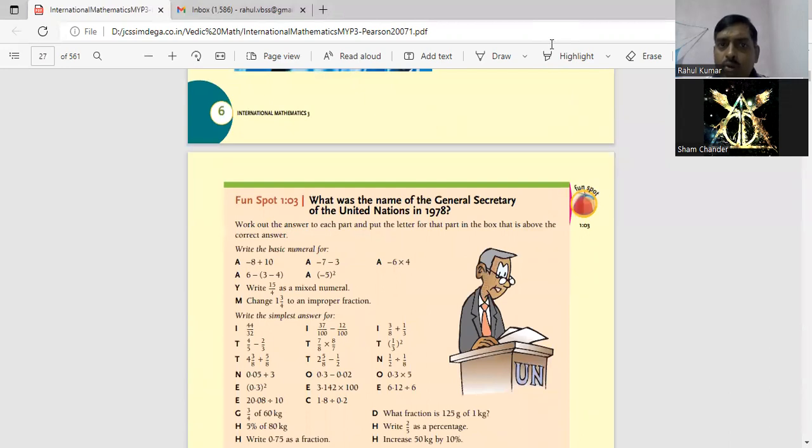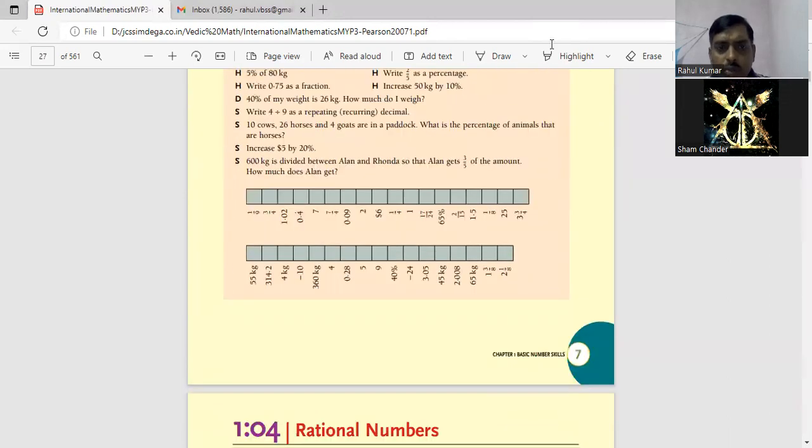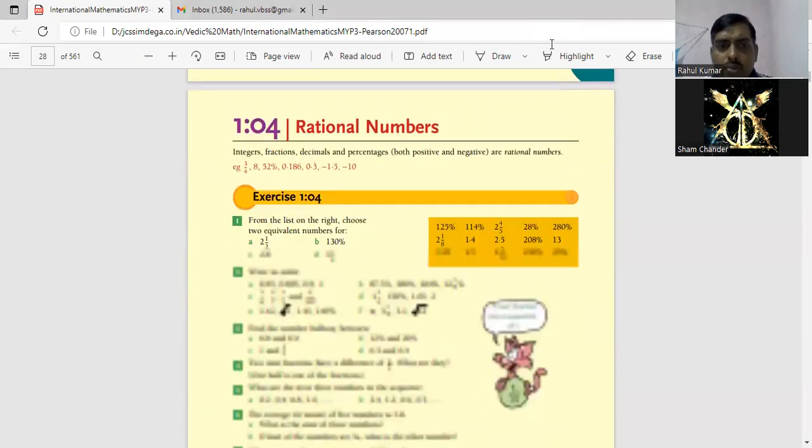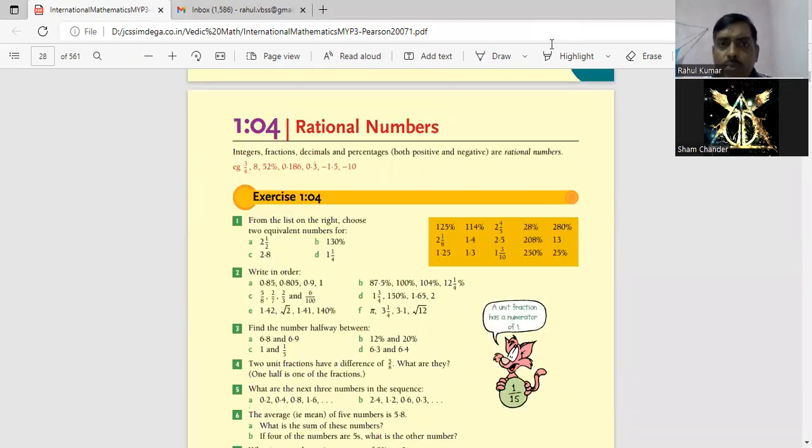1.03. Just solve all the questions. Just come to question number 5, this one. So I should finish it till 1.04. And before 1.04, I should have finished it. Yes, you can do it. Do this one, rational number.